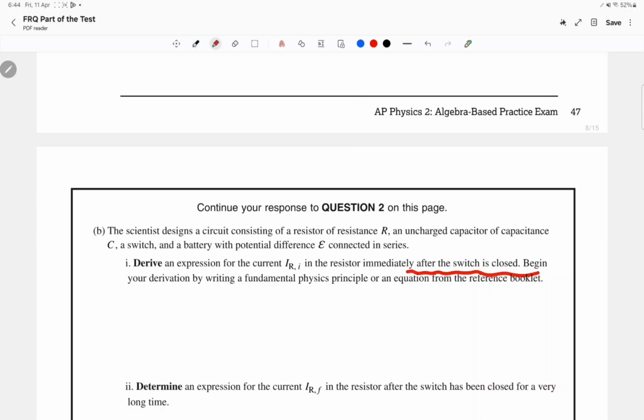No. So now we're going to say the potential difference in the battery is equal to the current that's passing in the resistor times the resistance itself, so it's small i times capital R, plus the voltage of the capacitor.